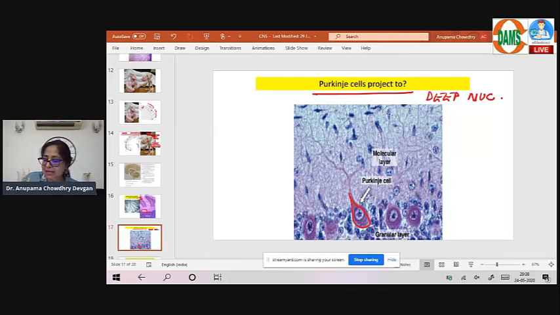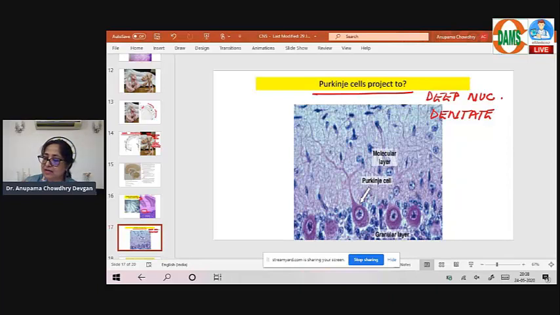The name of the nucleus was given in the answer, and that was dentate. Yes, these are flask-shaped cells. This is the slide which was shown.